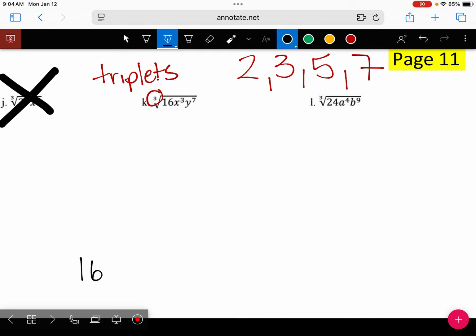So skip over J. Let's go to K. Build a cake with the 16. Go ahead and build your cake. And now you're looking for groups of 3.